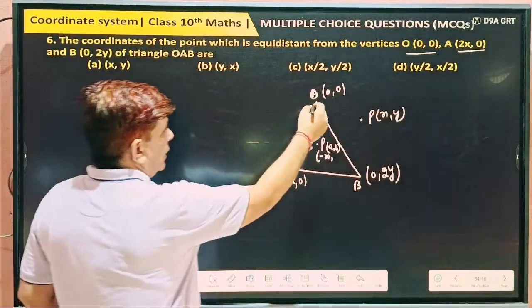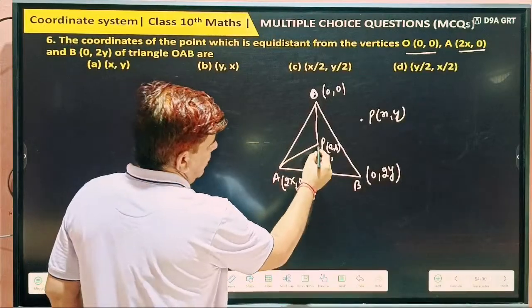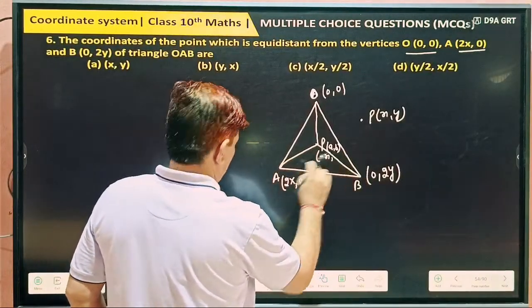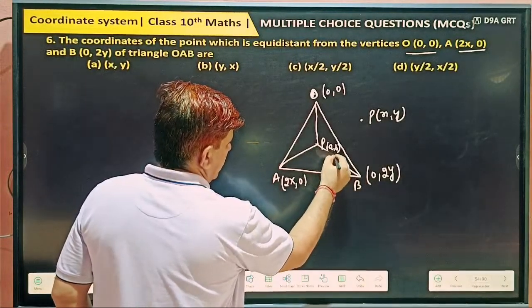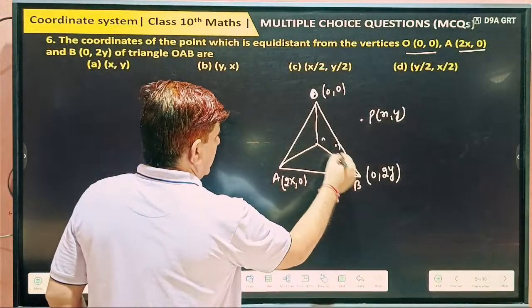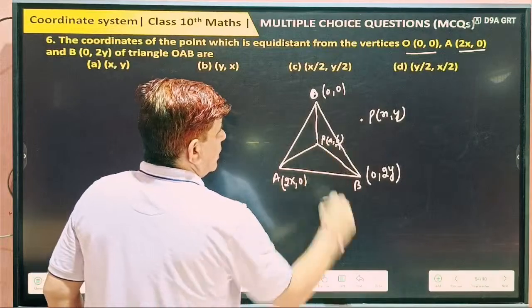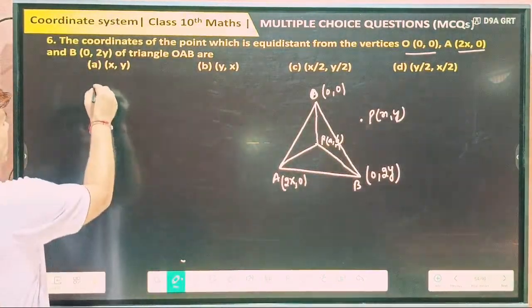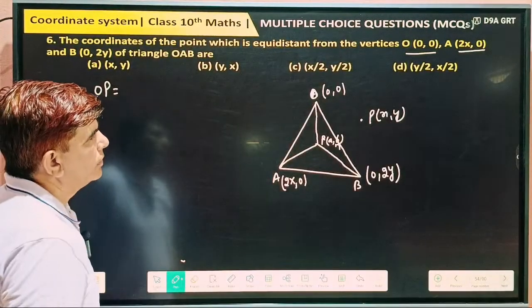This point, this we have taken like this. This distance OP equal to AP equal to this. This also I am erasing. Again I can find out. This point coordinate what I have taken. P equal to a and b I have taken. So first I will find out OP.